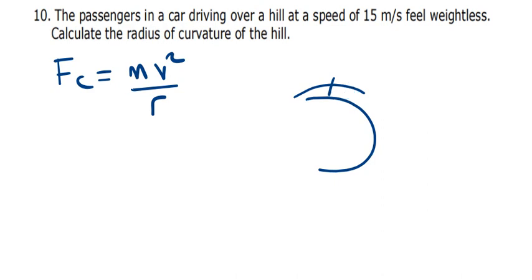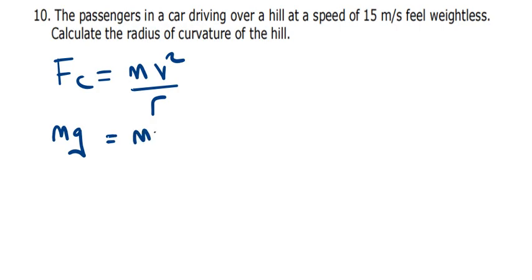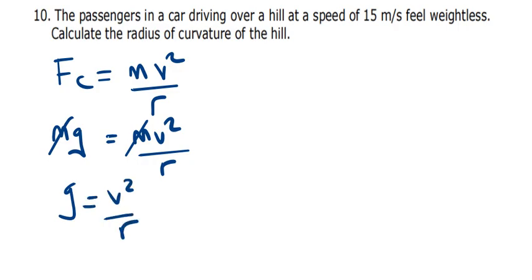So where the centripetal force is, I'm going to put mg, or the weight, equal to mv squared over r. Now I can cancel out m on both sides, and I'm left with g equals v squared over r.